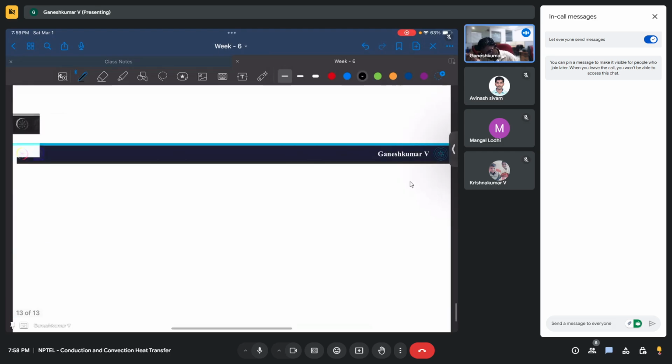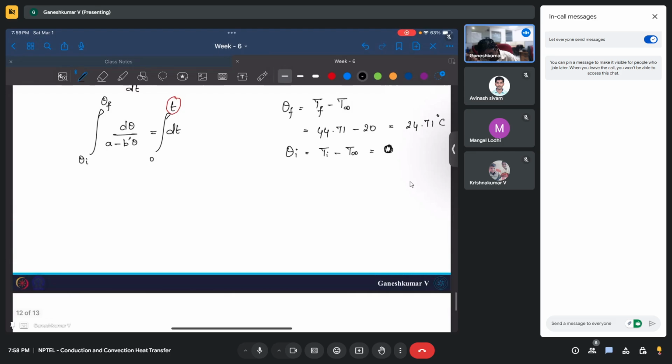This is what we already did before, so I am just repeating. We can write t to be the integral from 0 to 24.71 of d theta divided by A minus B dash theta. If I integrate it, similarly, natural log of A minus B dash theta divided by minus B dash, from 0 to 24.71.